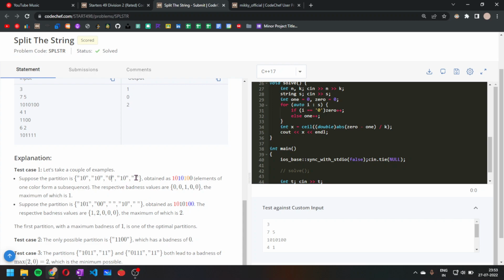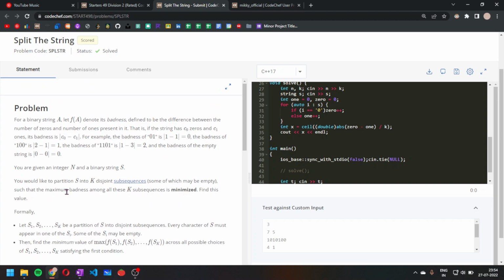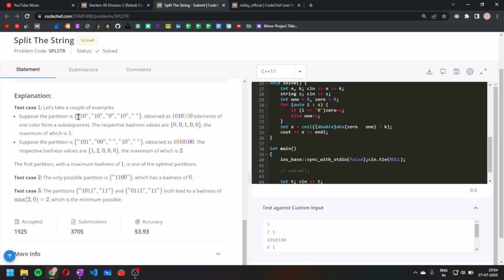And what we want is, we want to make it such that, let me read the question first. Would like to maximize the badness among this k. Wait, sorry, such that the maximum badness present in these individual substrings should be minimized.